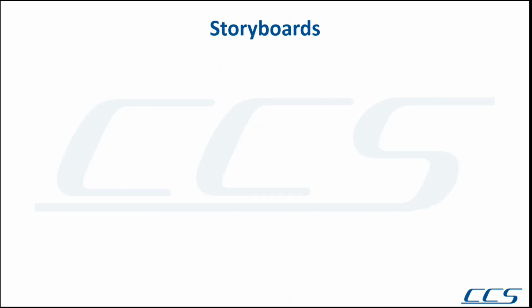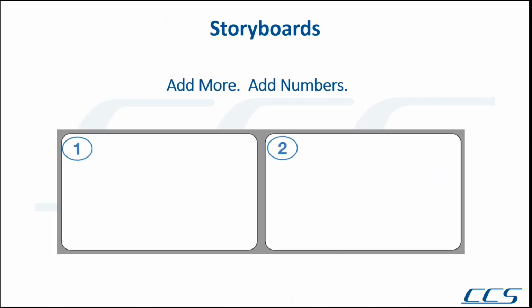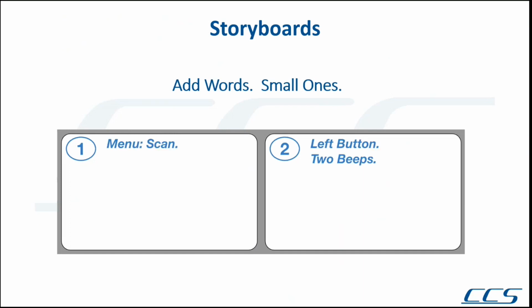So actually, I want to do a little exercise with everyone. We're going to do what we call storyboards. So we're going to walk through the process and make our own storyboard together. Let's start with a simple panel. So, a rectangle there. Let's add more. So now we've got two. Then we're going to add some numbers. Let's number them.